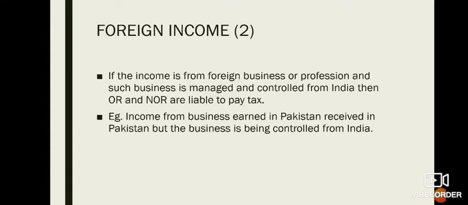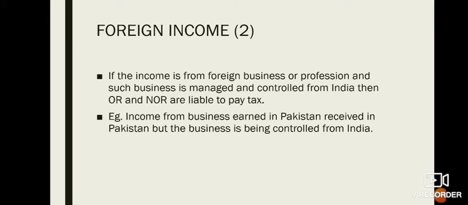Foreign income 2 is about income from foreign business or profession, and that business or profession is managed and controlled from India, then ordinarily resident and not ordinarily resident are liable to pay tax.